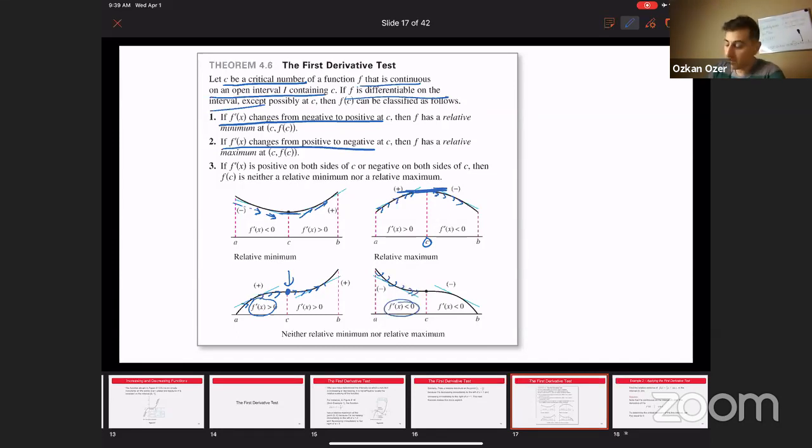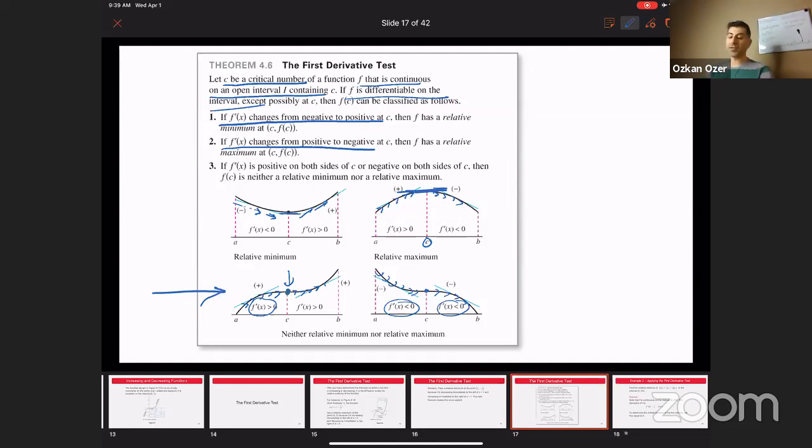Then you hit the critical number, but you keep decreasing because f prime is negative. So this point is not a relative extrema. Again, if f prime does not change its sign across a critical point, you can't really get any relative extrema out of that.